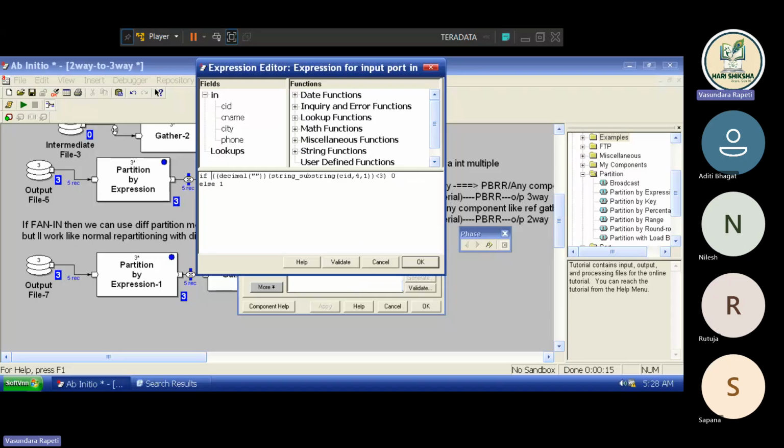Else, if greater than 3 but less than 5, or less than 4, less than 5. Okay, so go to 1.